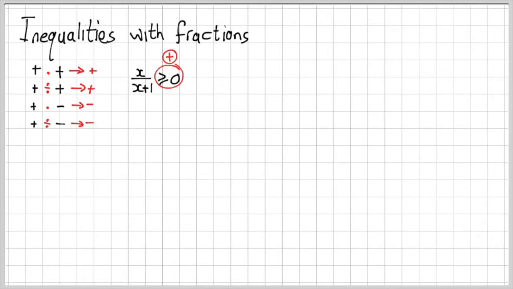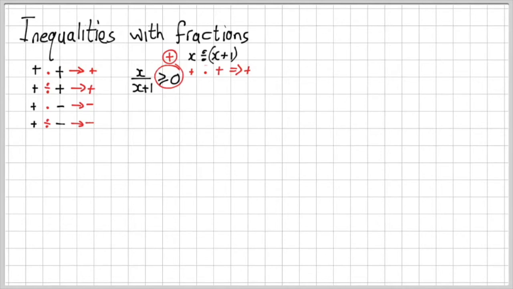So let's just quickly look at when x divided by x plus 1 is a positive answer. Well, that's going to be when I've got a plus divided by a plus, but that could just as well change into a multiply.